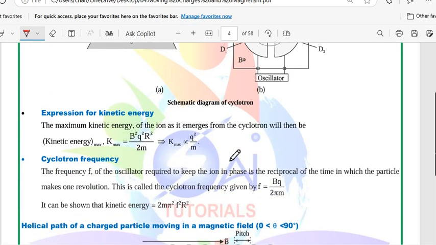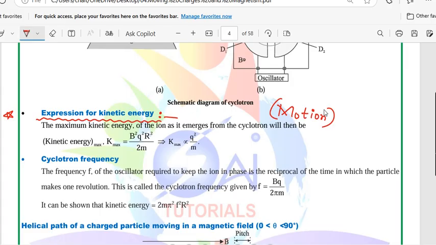So now let me discuss the expression for kinetic energy. We all know what kinetic energy is.